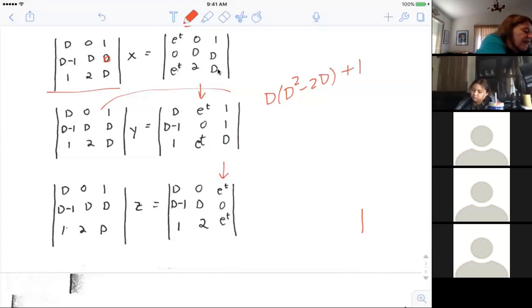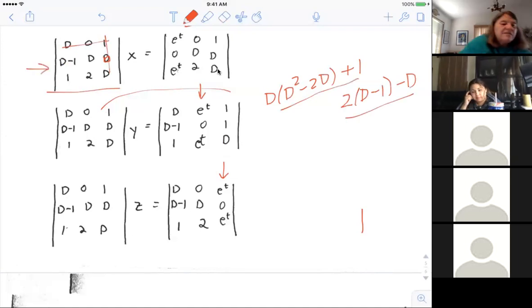So I'm going to delete that row and that column, and you'll get 2 times D minus 1 minus D. So all of that is what we get from the determinant of that. We used determinants before to do something else, but here's another way we can use them. This is where linear algebra and DE are really linked closely together.